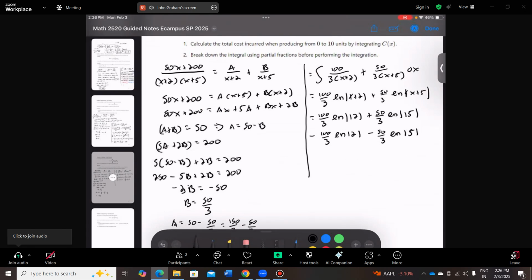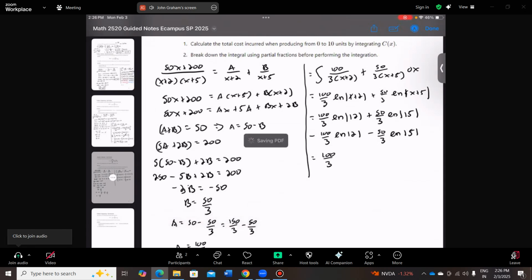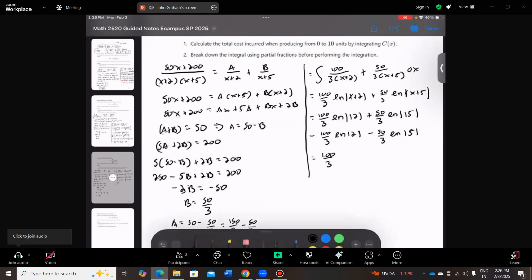Okay, we can put these together. 100 over 3 natural log 12 over 2 would be 6, so natural log of 6. And then 50 over 3 natural log, and 15 divided by 5 is 3.